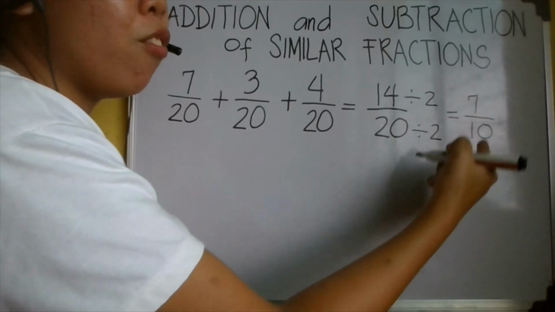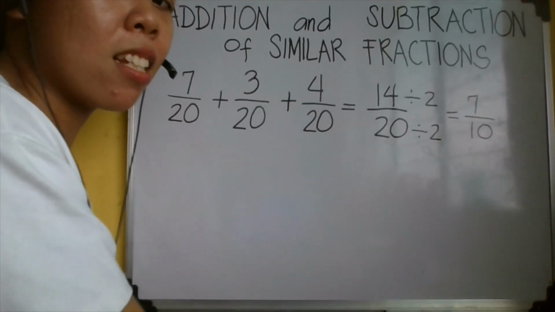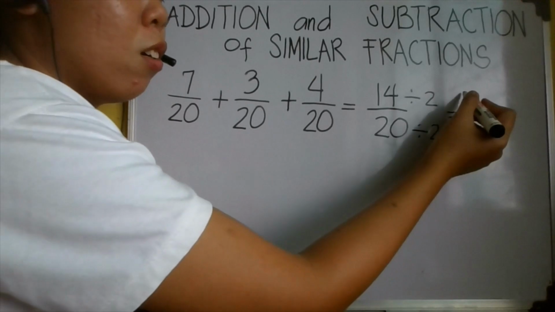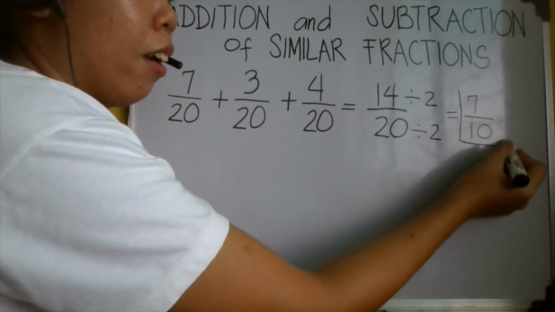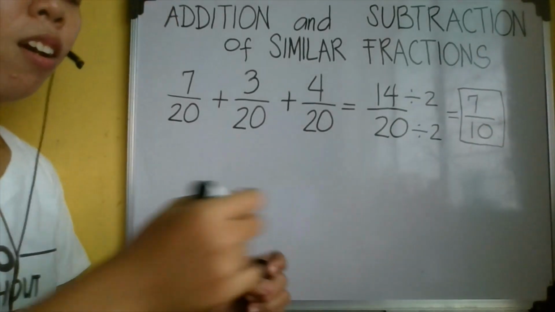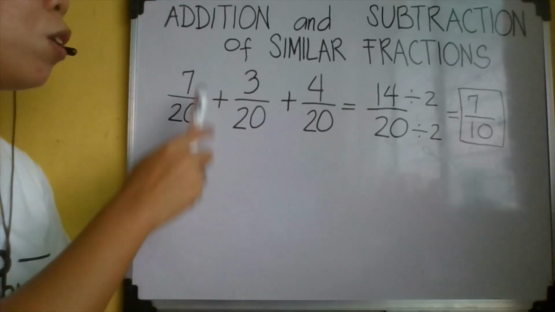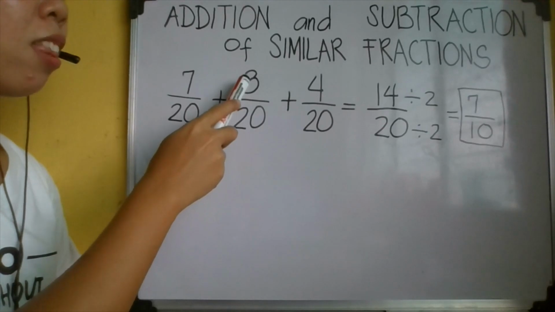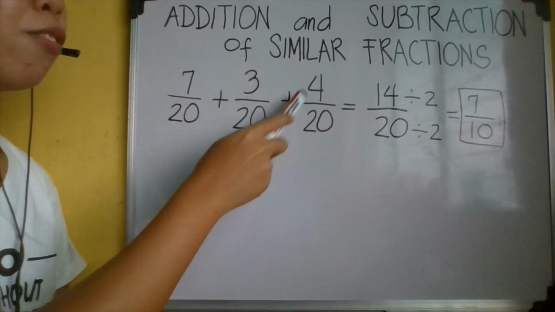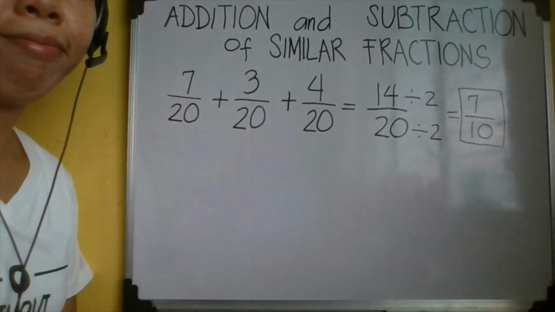And 7/10 is already in its simplest form. So we have 7/10 as the sum of 7/20, 3/20, and 4/20.